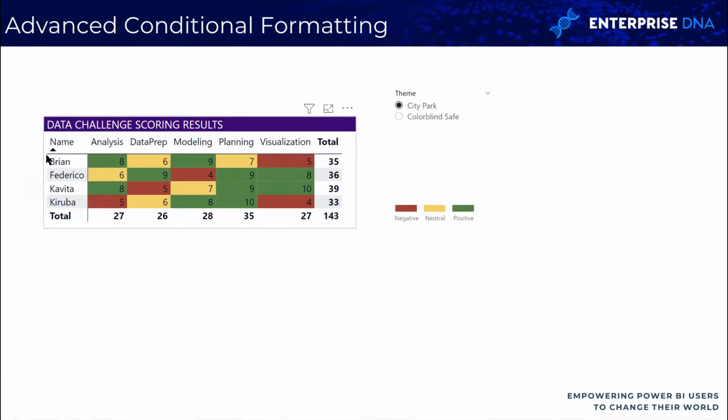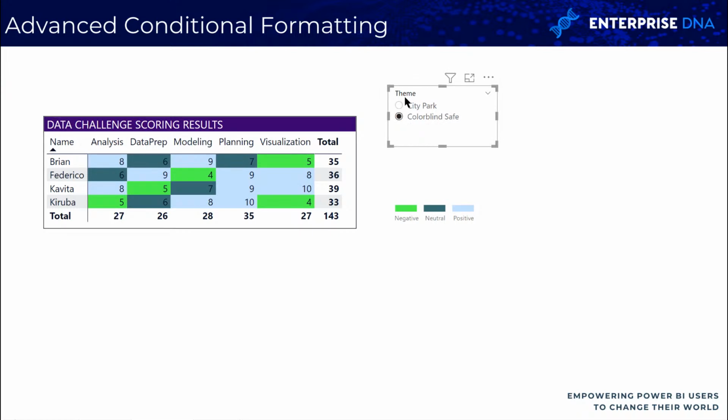And we just put that into a matrix with your typical heat map, and we use the positive, negative, neutral, and then we've got it tied to the theme slicer that we talked about. The only difference here is that I've got a little legend that is basically just a stripped down bar chart that has a fixed height to the bars and is tied to that slicer as well.